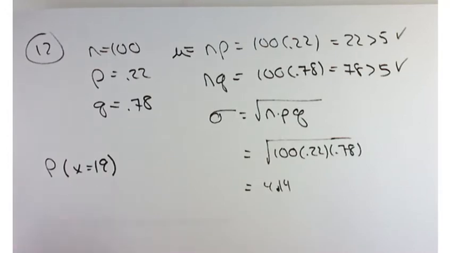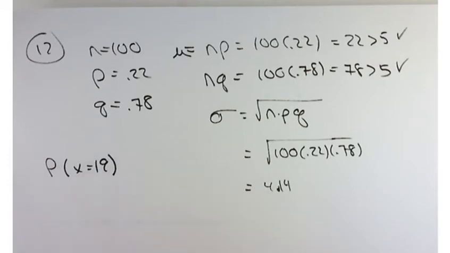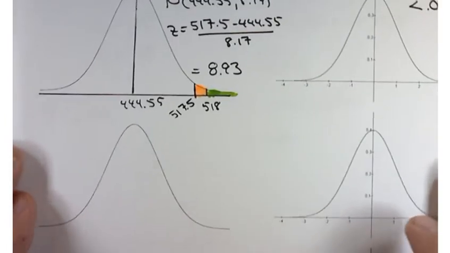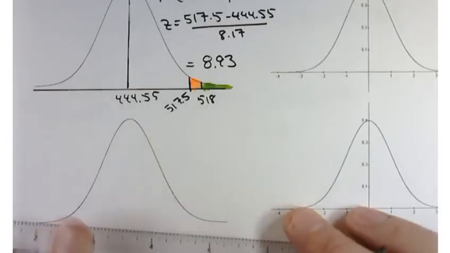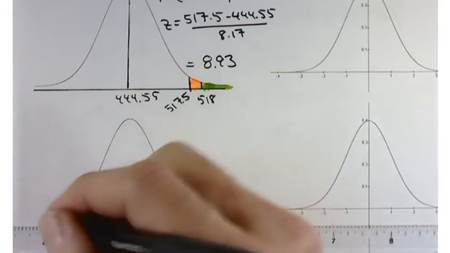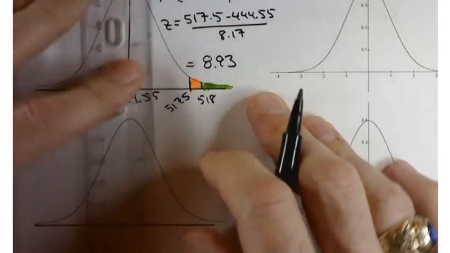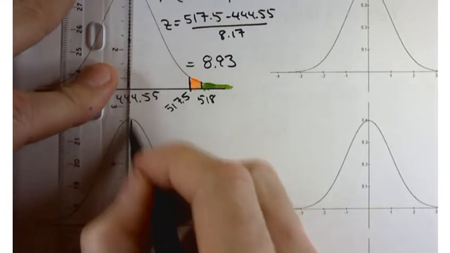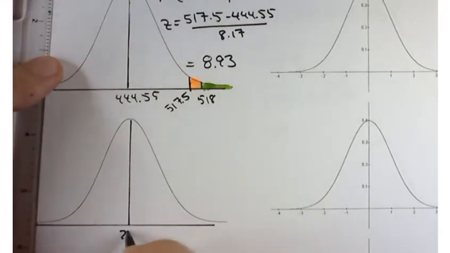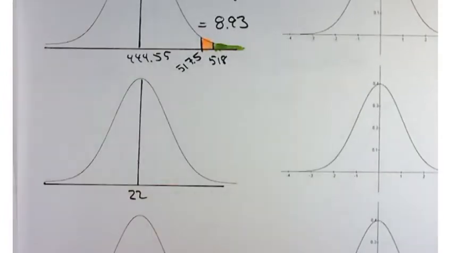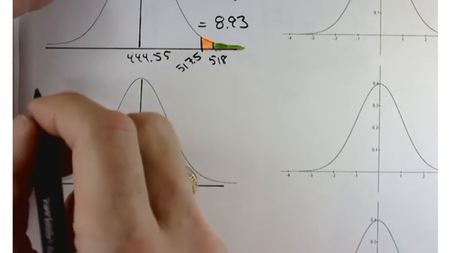Okay, let's see about that probability. On average, you would expect out of 100 voters, 22 of them would actually show up and vote.